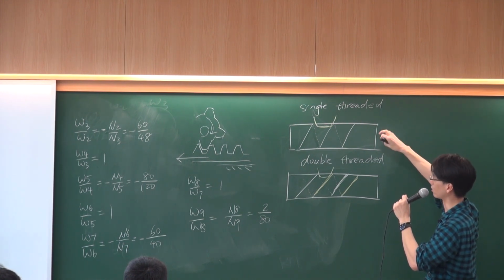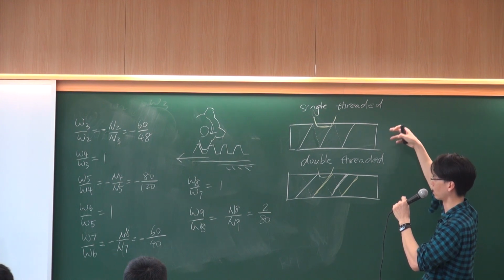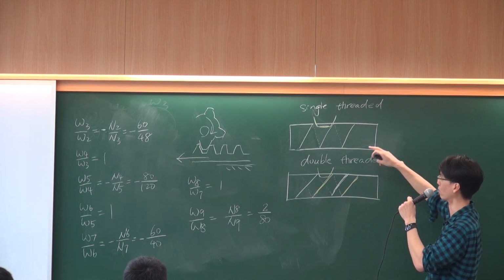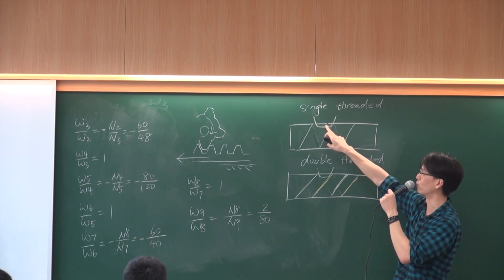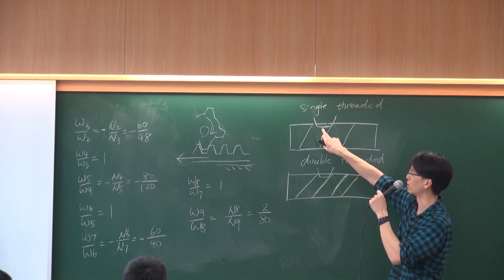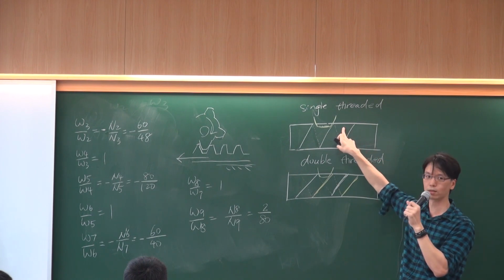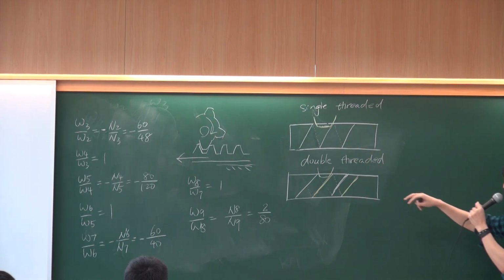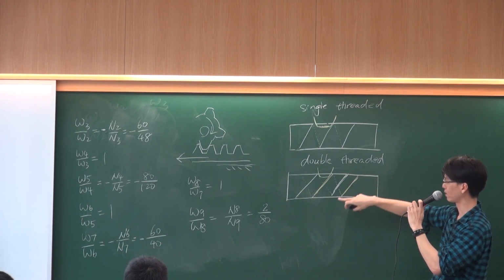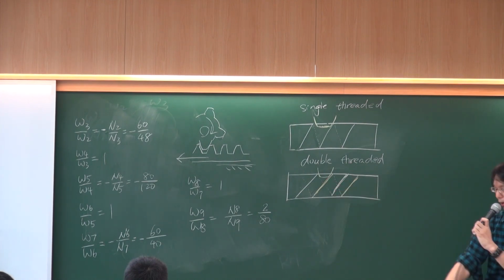If I rotate this shaft by 360 degrees, by one cycle, this tooth is going to move one step. But for double threaded, there are actually two threads here.